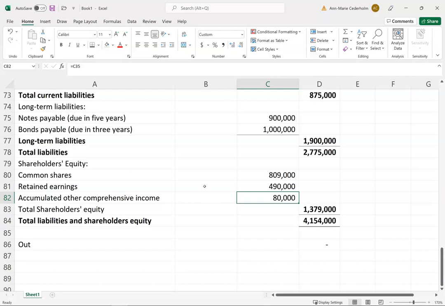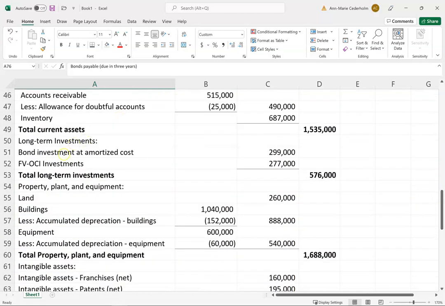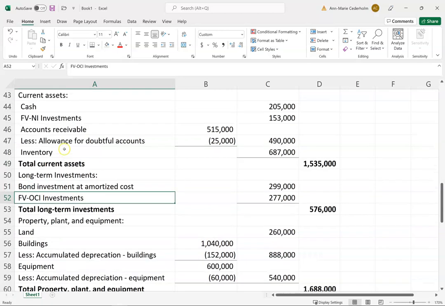So right now I've completely balanced my balance sheet, but there's an error in here because our investments, so our fair value through OCI and our fair value through net income investments, have to be at fair value.